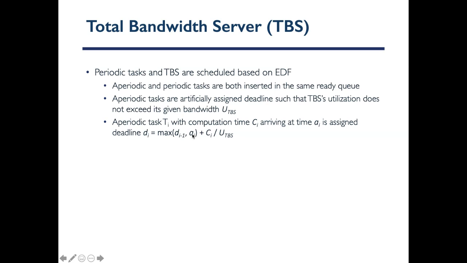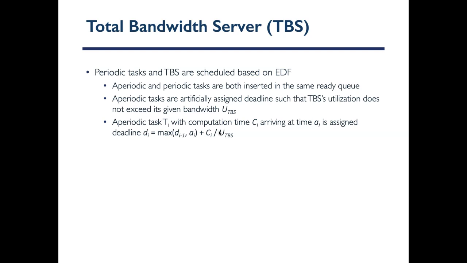So if this arrival time is after the deadline of a previous aperiodic task, we'll just take the arrival time. But if this arrival time is before the deadline of a previous task that came before us, then we use the deadline of that task plus C_i divided by U_TBS. This term, C_i divided by U_TBS, makes sure that what we're adding to the utilization of the system is always less than U_TBS.